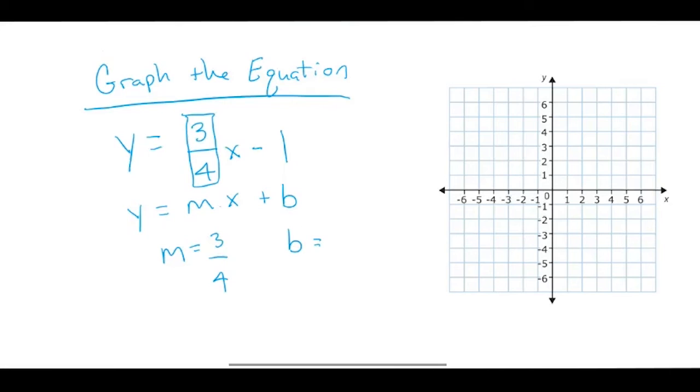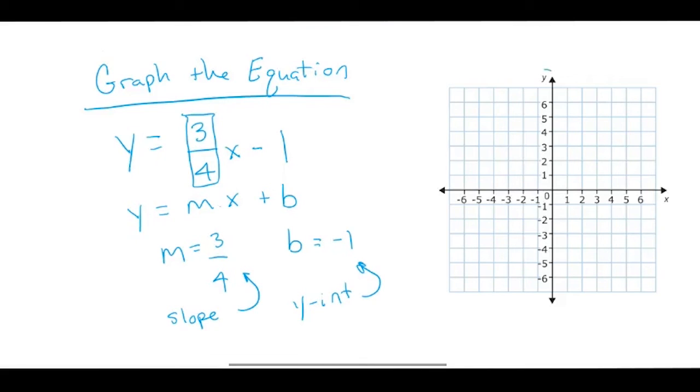All right, and b is whatever is being added to the mx. Well, this is -1, so b is -1. So my slope is 3/4, and my y-intercept is -1.